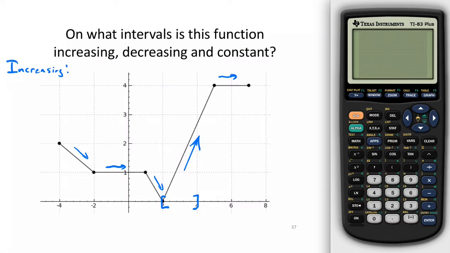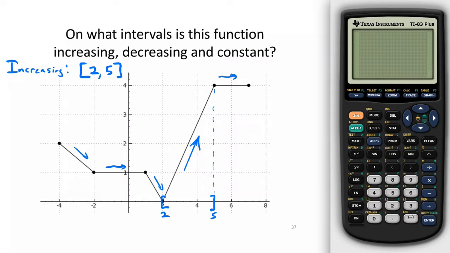Let me get rid of that. The increasing chunk ends right here at 5. So from 2 to 5, the function's increasing. That's what I'm going to write. This function is increasing on the interval from 2 to 5.